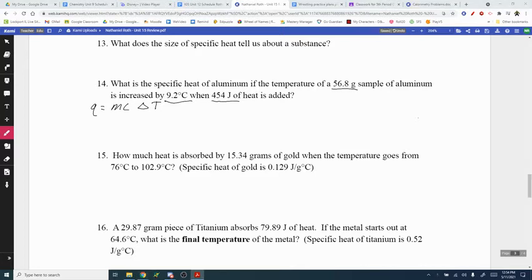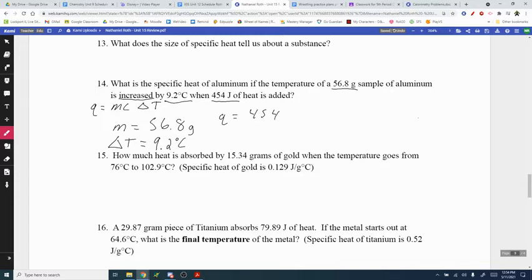Okay. So our first one, 56.8 grams, that is our mass because it says grams. Next one, 9.2 degrees Celsius. It's increased by that much, so that means it is the change in temperature, which is delta T. And 454 joules, that's Q because joules is energy.